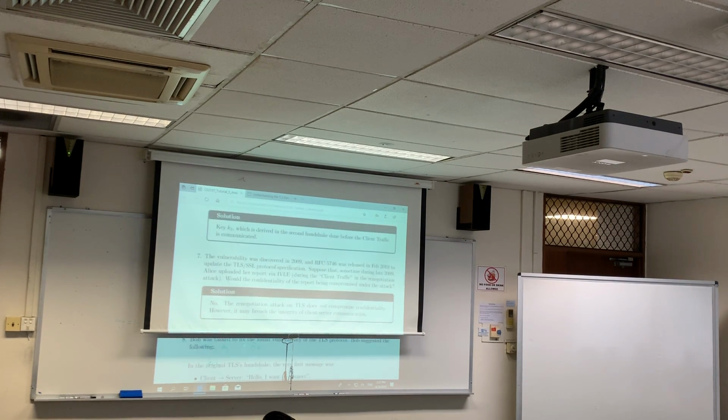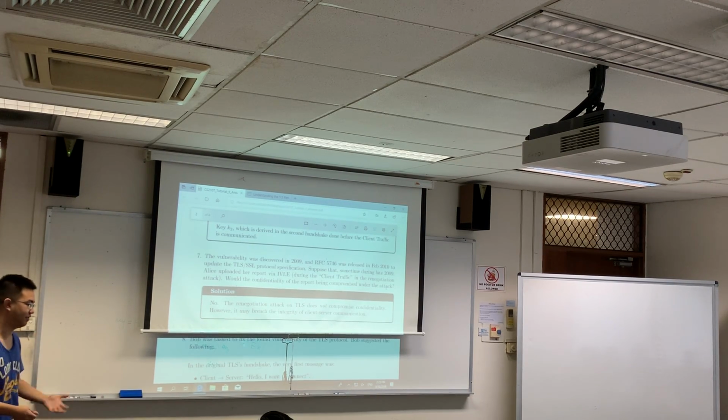So, was the confidentiality of the report compromised under attack? Of course not. Because the attacker does not have the capability to decrypt the ciphertext, because the attacker does not have the session keys. So the confidentiality will not be compromised.